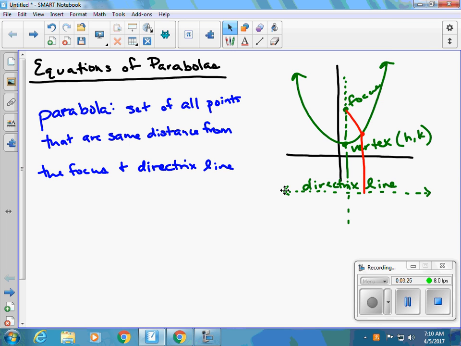Okay. So we've got our directrix, our focus, and our vertex, and we'll also talk about the direction of the opening. We'll talk about the axis of symmetry, which is pretty basic. And then we'll also talk about the latus rectum, which goes through our focus.